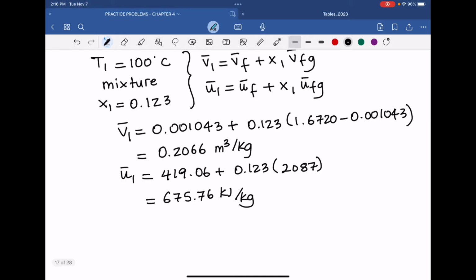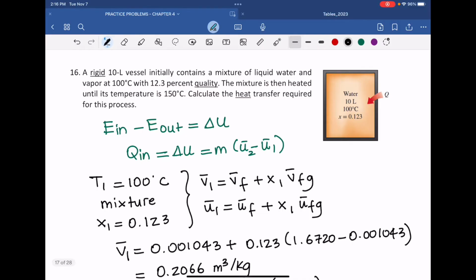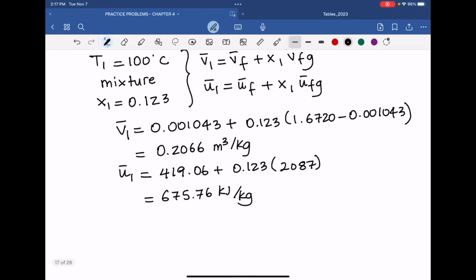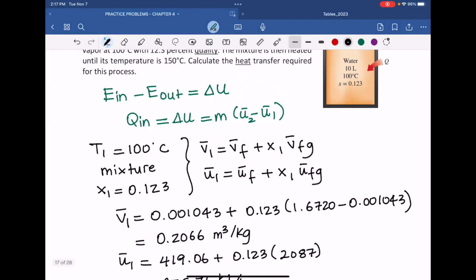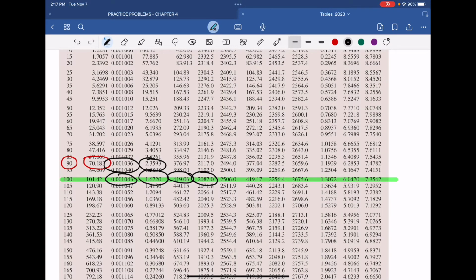Now for the second state, we are given the pressure, which is 150. And also we know that this is a rigid tank and specific volume should be the same. Let's take a look at 150.